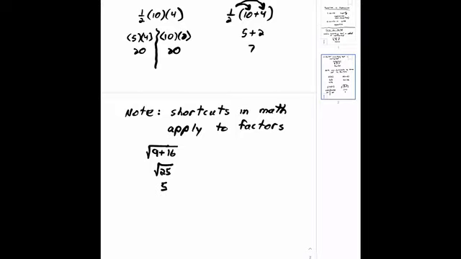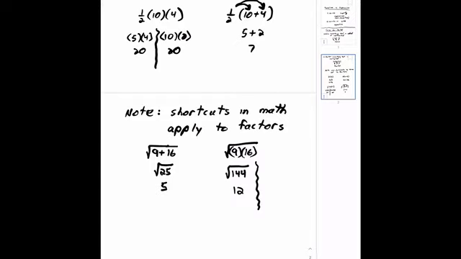So what if you had the square root of 9 times 16? Okay, technically what you should do is multiply them and get the square root of 144, and then take the square root of 144, which is 12. Fine. But may you take the square root of the 9 and the 16 individually and then multiply?